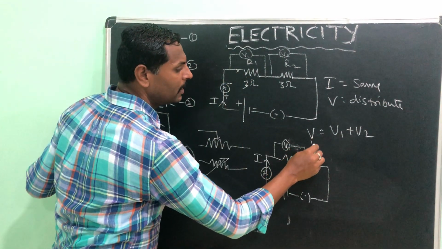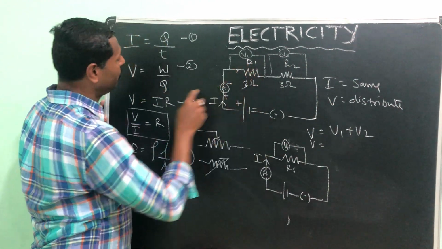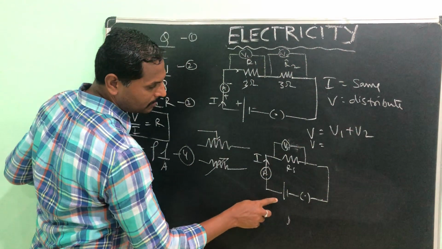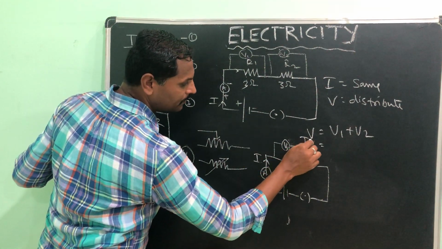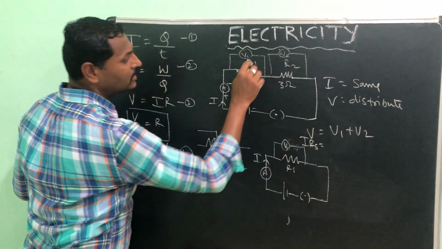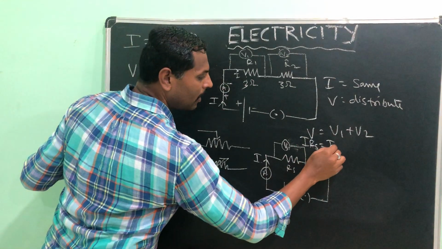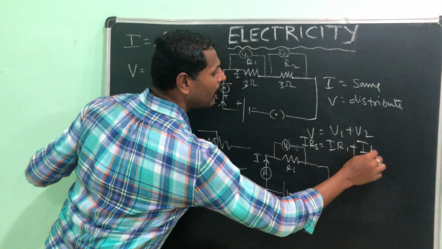Then V is equal to IR, that means IRS, I will write here IRS. Then V1 is equal to IR1 plus V2 is equal to IR2.